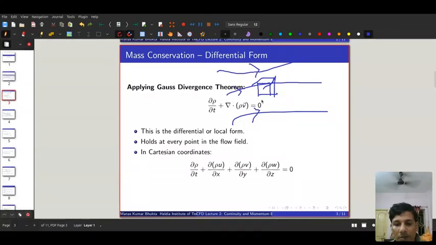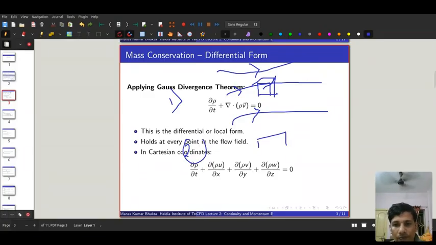This infinitesimal fluid element is fixed in space, meaning it is not moved with the flow velocity. This is the first case, and in the second case it can also move with the flow velocity, V.